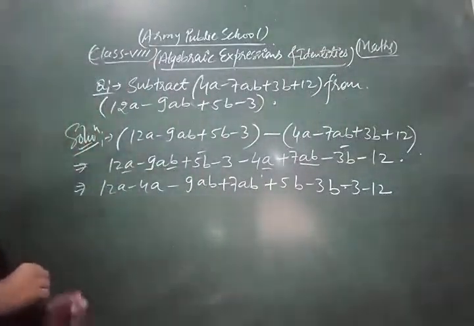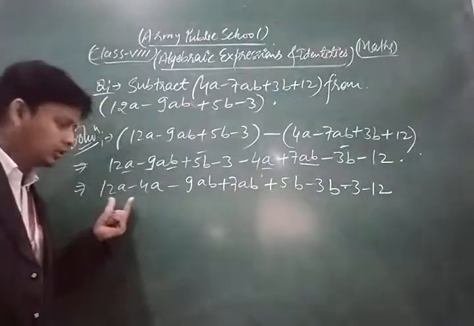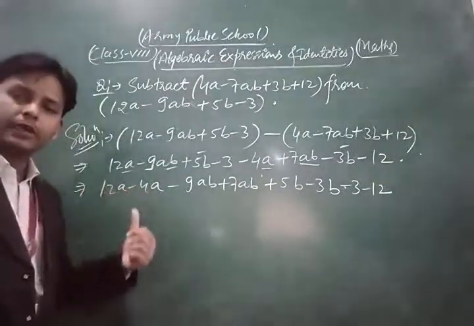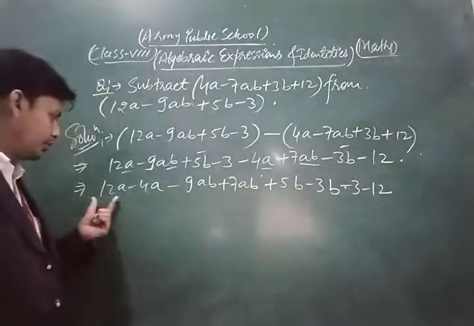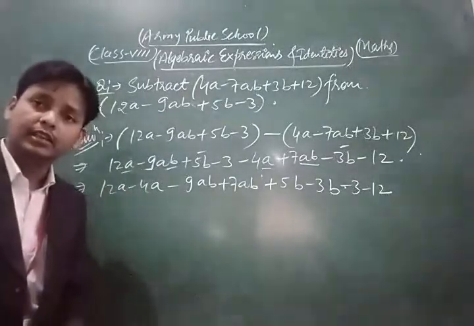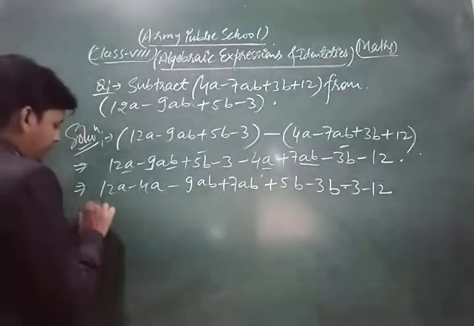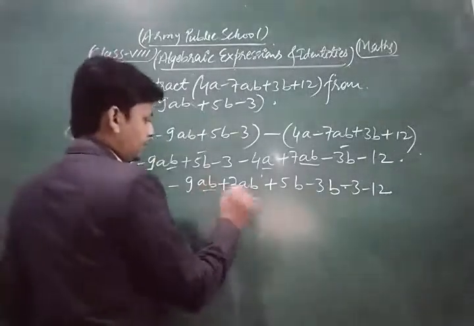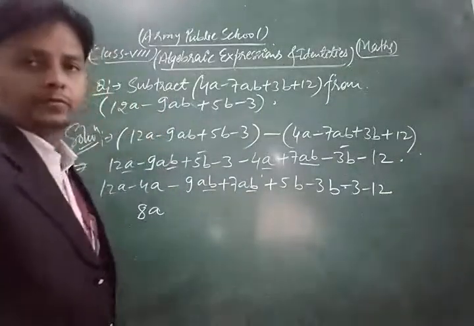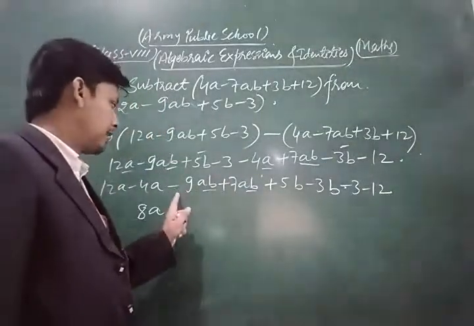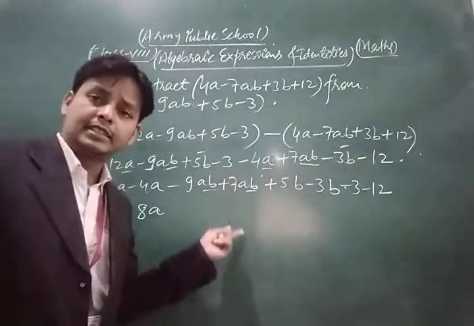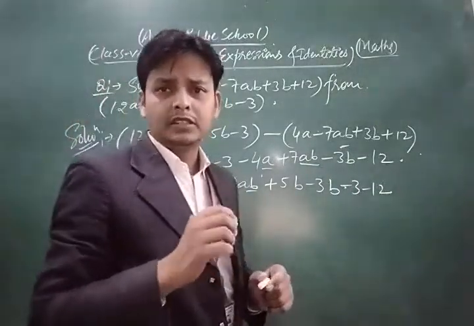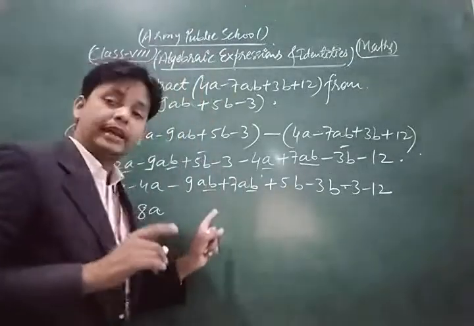Dear friends, this is 12a and this is 4a, so 12a minus 4a is 8a. Now this is ab, these are like terms, and this is minus 9 and this is plus 7, so minus 9 plus 7 is minus 2ab.